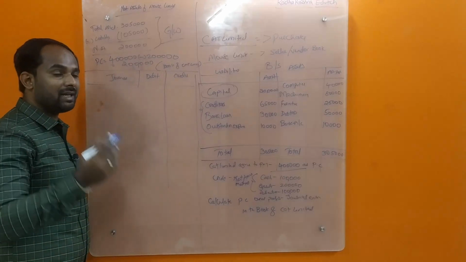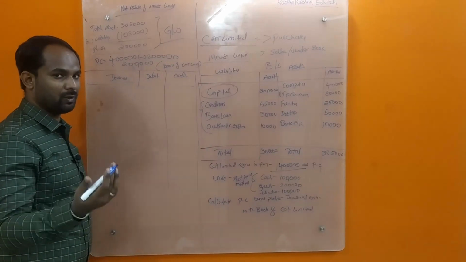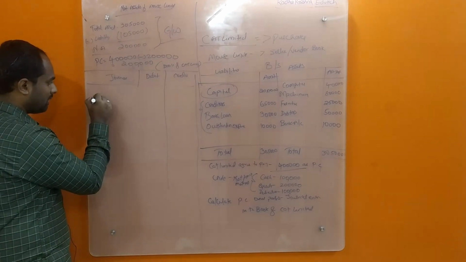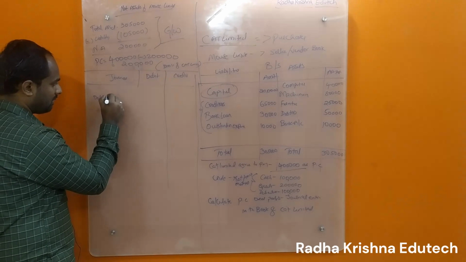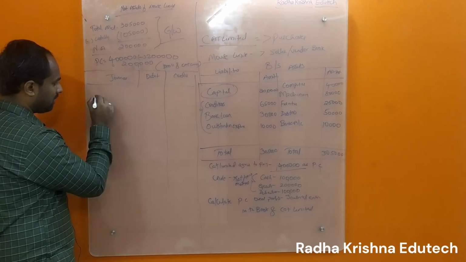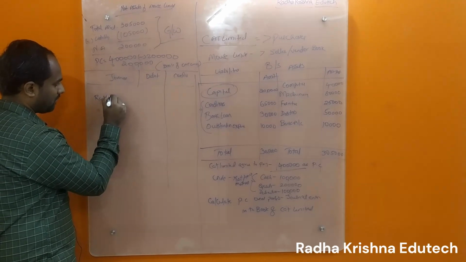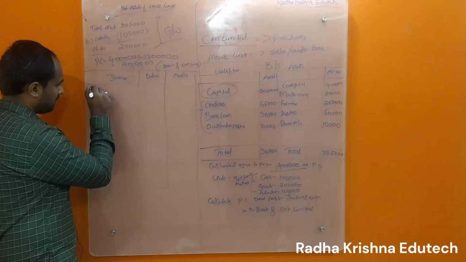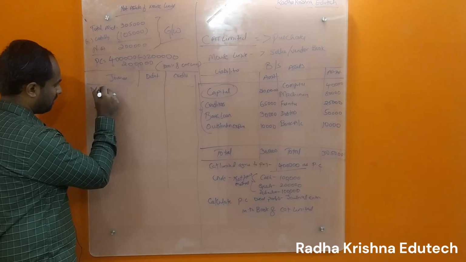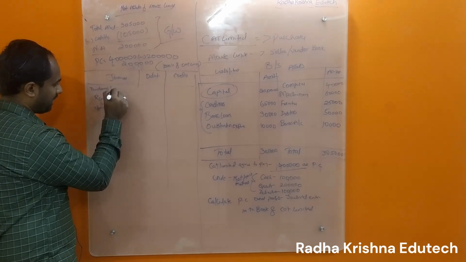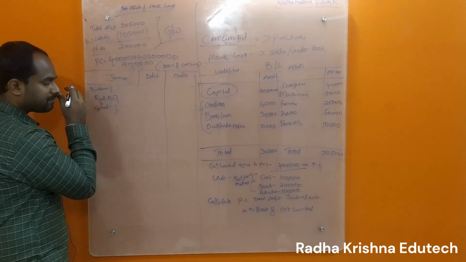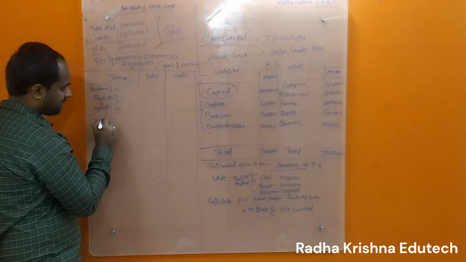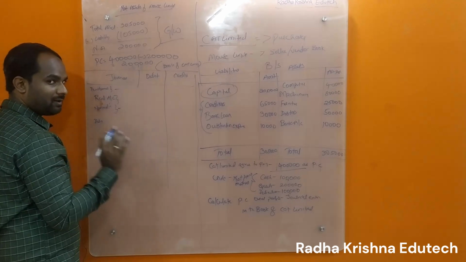When an asset is coming in, use your basic golden journal rules. Real account, nominal account, personal account are the basic categories of accounting. In nominal account, debit all your expenses, credit all your income.